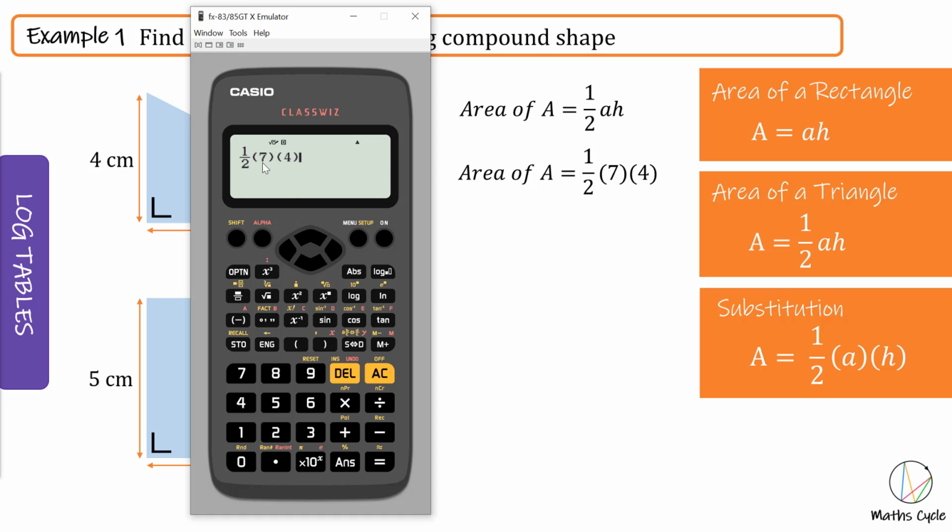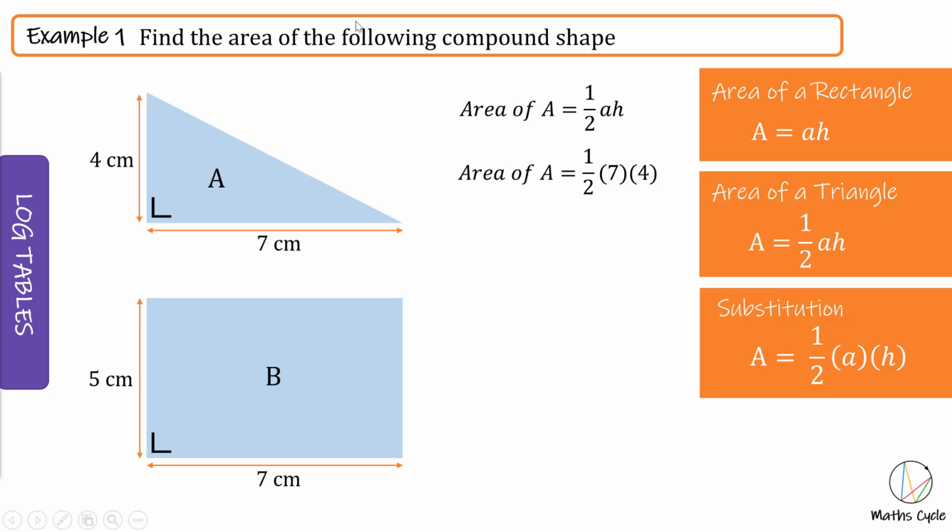And the calculator understands that these brackets mean multiply. So equals 14. So the area of the triangle A equals 14 centimeters squared. Remember, the units are centimeters and this is area, so centimeters squared.